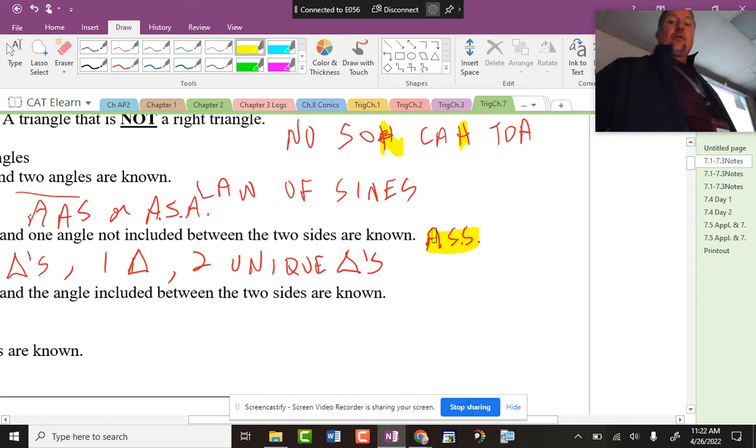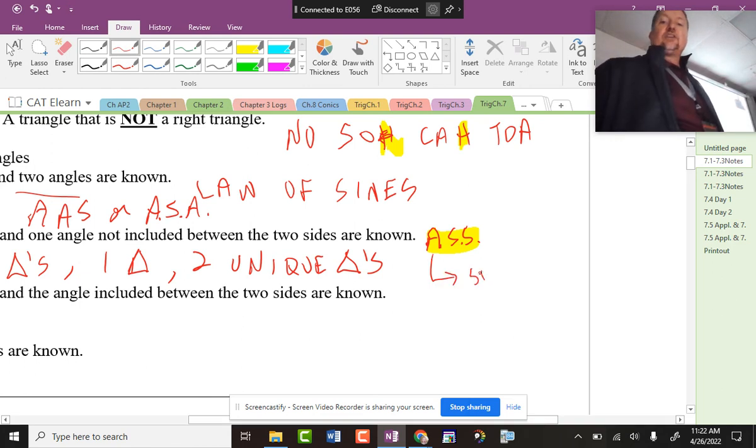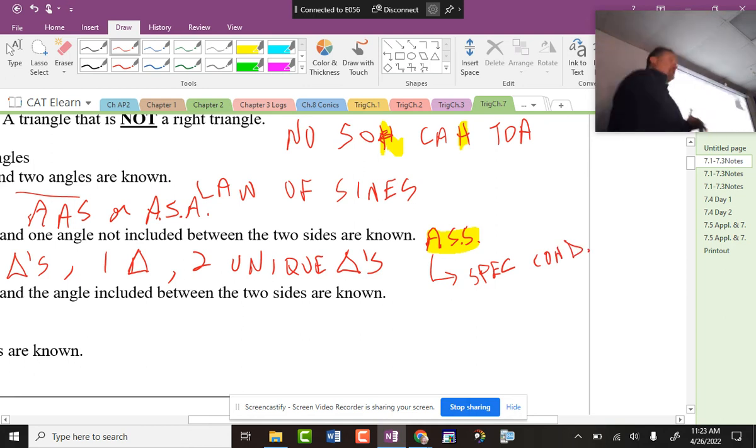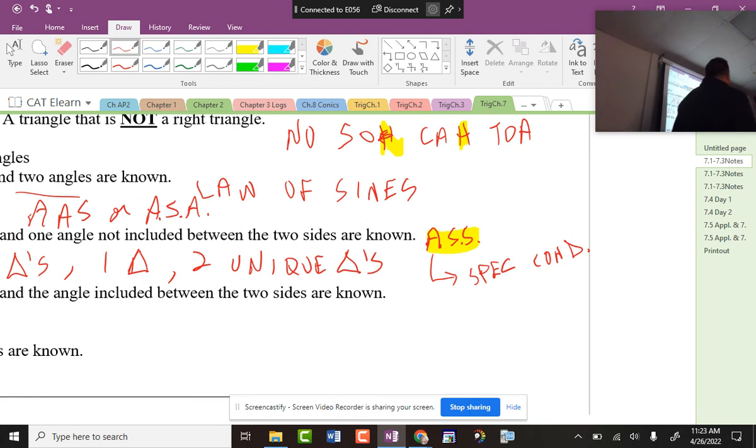Bad word means special condition. So ultimately, when it comes to our first quiz, which we will have a quiz on 7-1 to 7-3, when you're given ASS, you better check for something. But we'll hold that off for tomorrow.